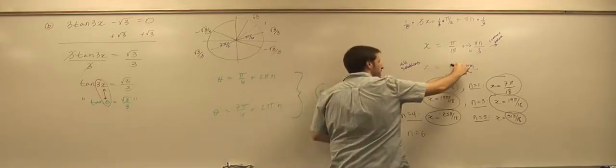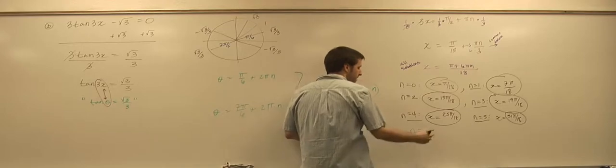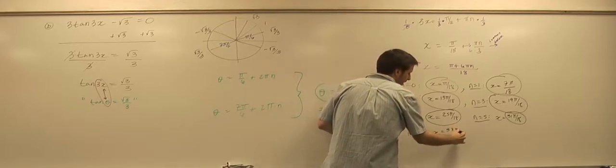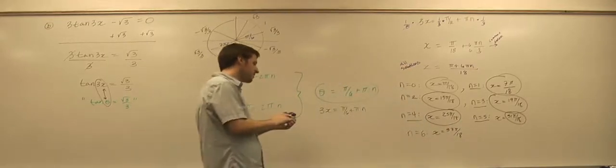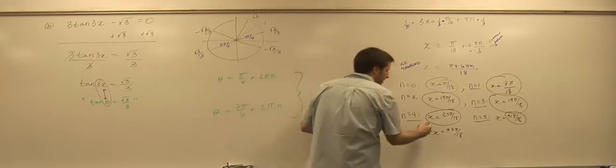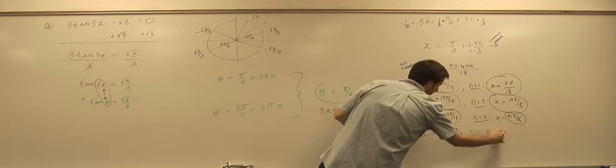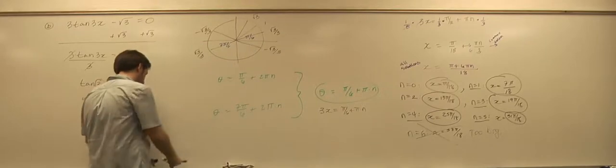Well, pi plus 6 times 6 is 36. Pi plus 36 pi is 37 pi. 37 pi over 18, how do you feel about that? Too big, right? 37 is more than 36. This mixed number is going to be bigger than 2. So here's your 6 answers between 0 and 2 pi.